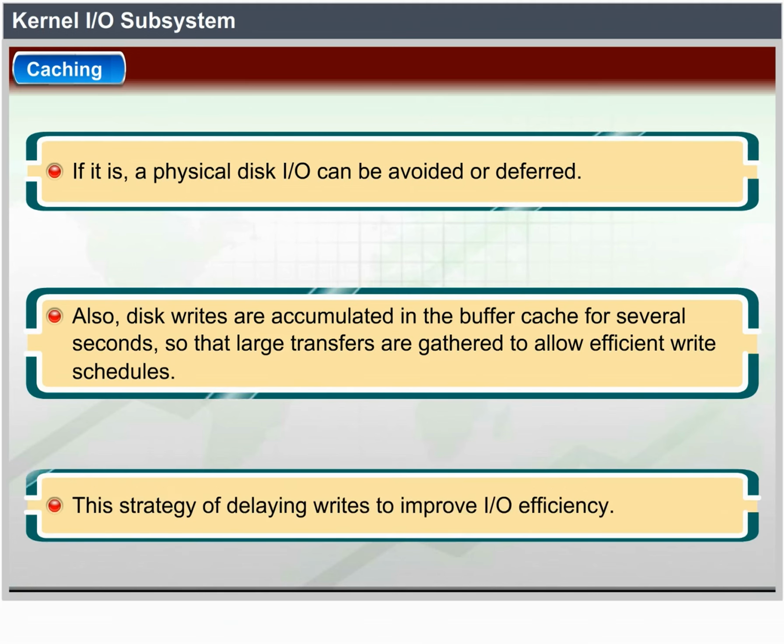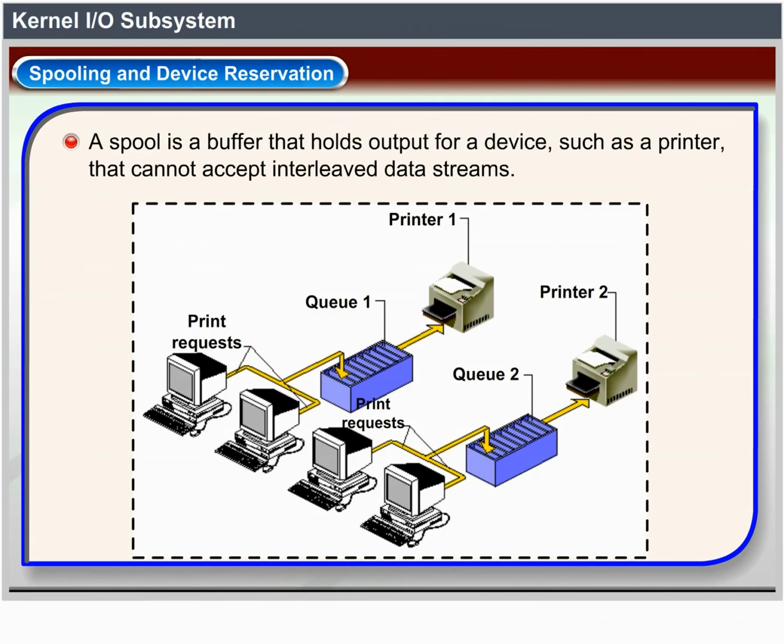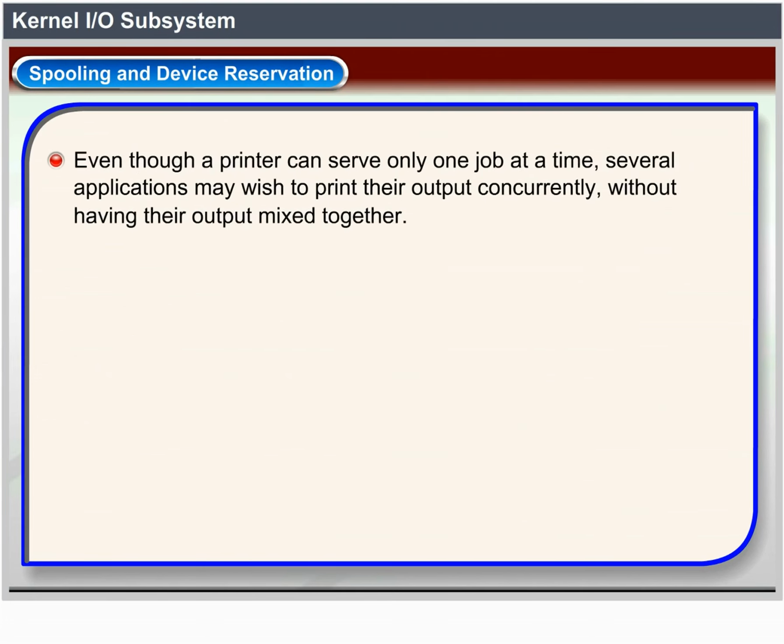Spooling and device reservation. A spool is a buffer that holds output for a device, such as a printer, that cannot accept interleaved data streams. Although a printer can serve only one job at a time, several applications may wish to print their output concurrently without having their output mixed together.